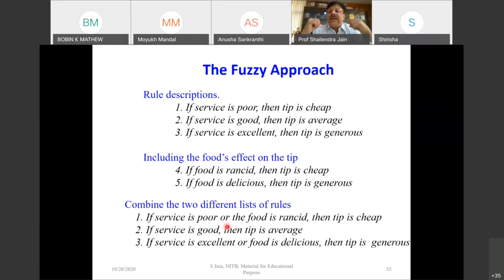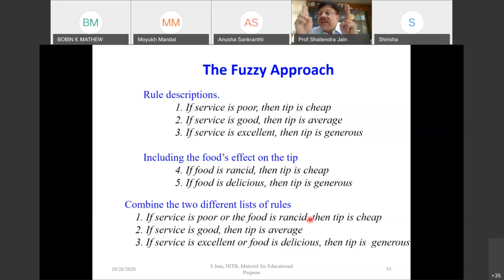Let's see, as the tip provider, if I am writing the rule, we want to give less. So we will use the min operator. How I will write: if service is poor and food is rancid. When both are good, only then I'll give the tip.